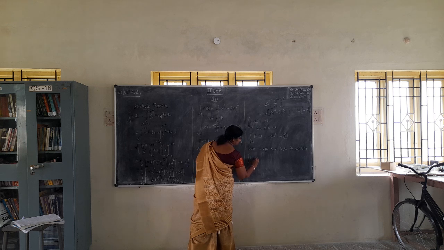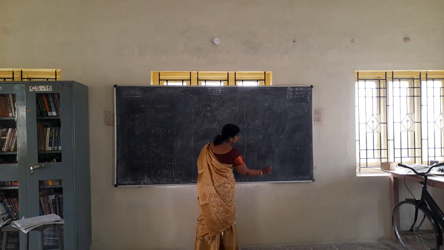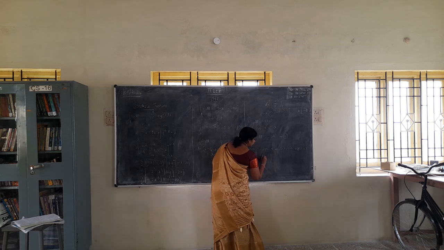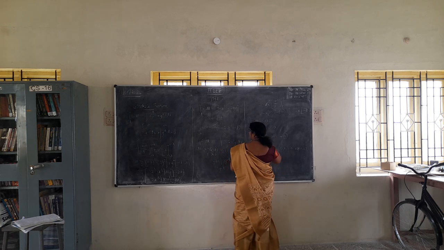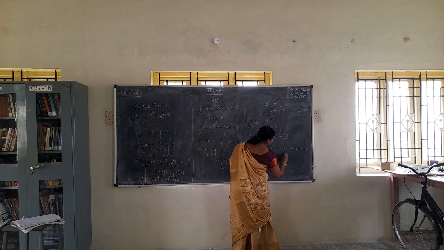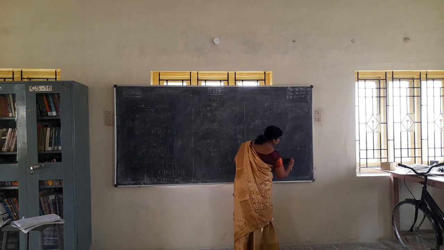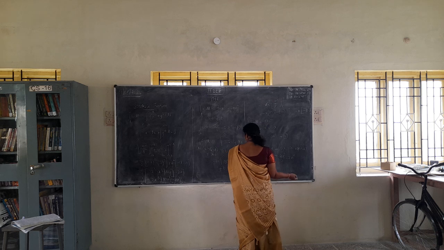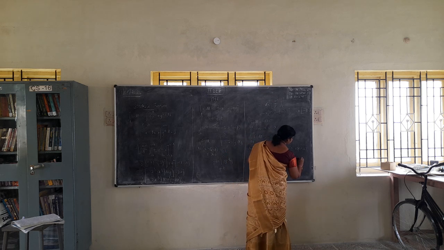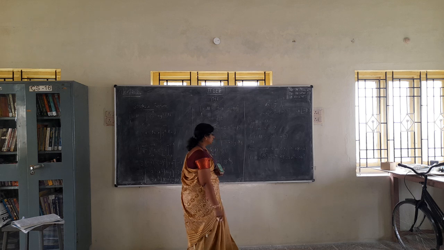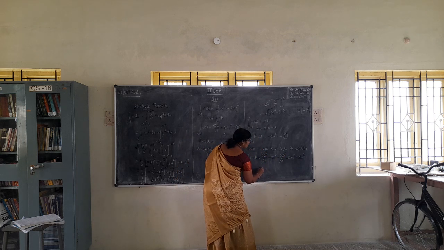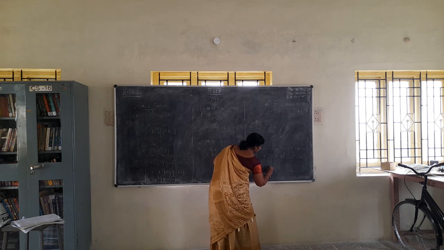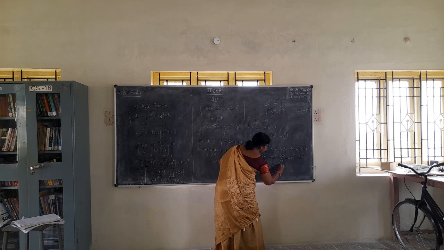Equation 2 plus f dot dl will be equal to 2a cubed by 3 minus ab square minus 2a cubed by 3. This wrong. Minus 2a cubed by 3 minus 2ab square minus ab square. So these two will be cancelled out. Minus 4ab square.